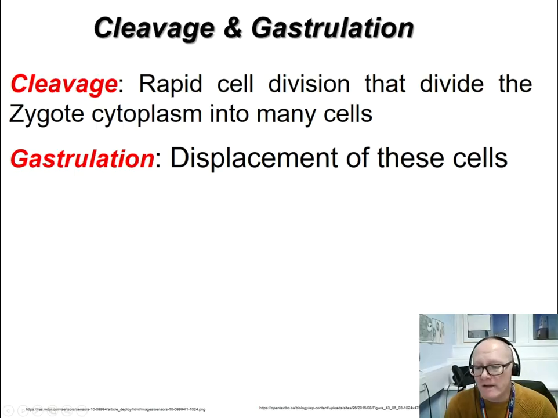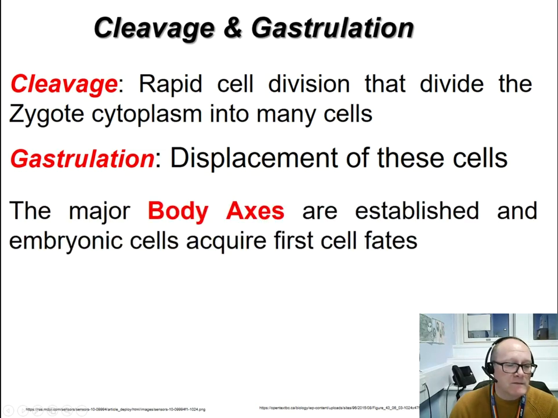Gastrulation, on the other hand, is the displacement of these cells around the embryo to form the three main embryonic layers: the ectoderm externally, the mesoderm in the middle, and the endoderm internally. During cleavage and gastrulation, we also have the formation of the main body axis, and cell fate also starts to be determined.